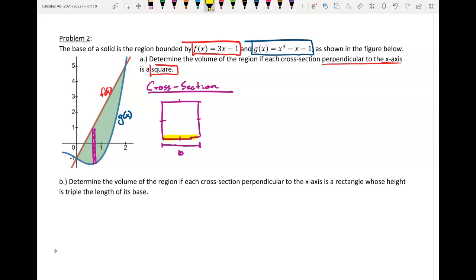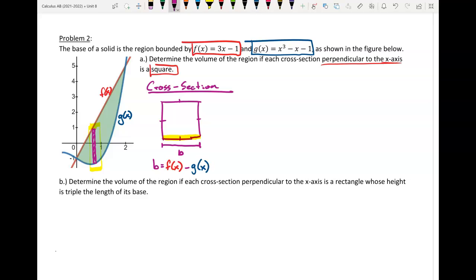But remember that that length of the base, that b, is that cross-section that I have within my figure. So how do I determine what the length of b is? Well, that's going to be just my top function, f of x, minus my lower function, g of x.